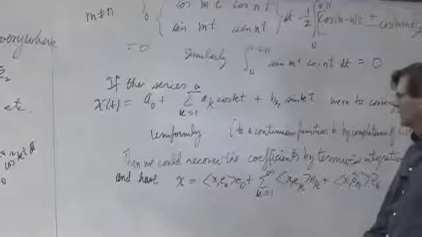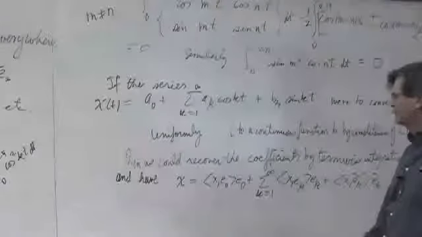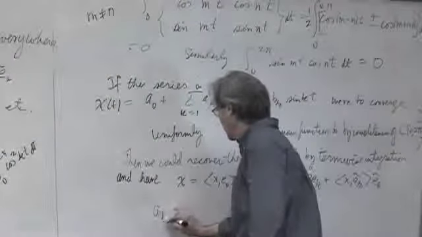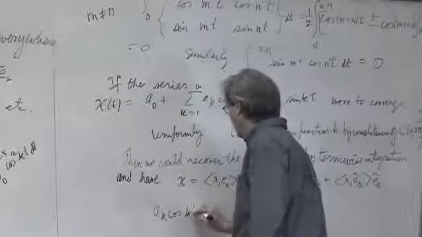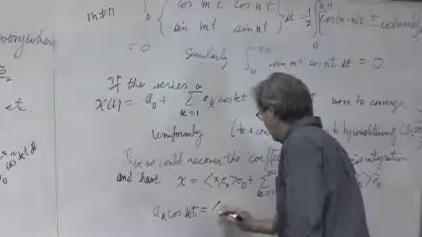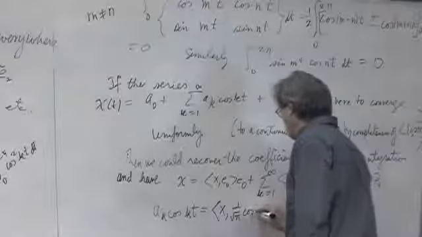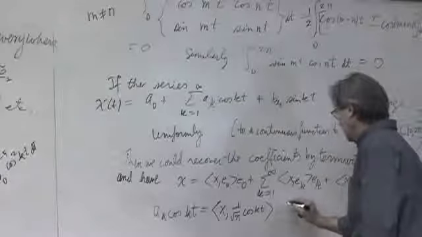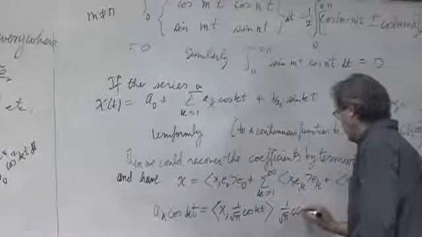What actually are the formulas then? You would have that a_k cosine kt would have to equal the inner product of x with the 1 over the square root of pi cosine kt, times the 1 over the square root of pi cosine kt.